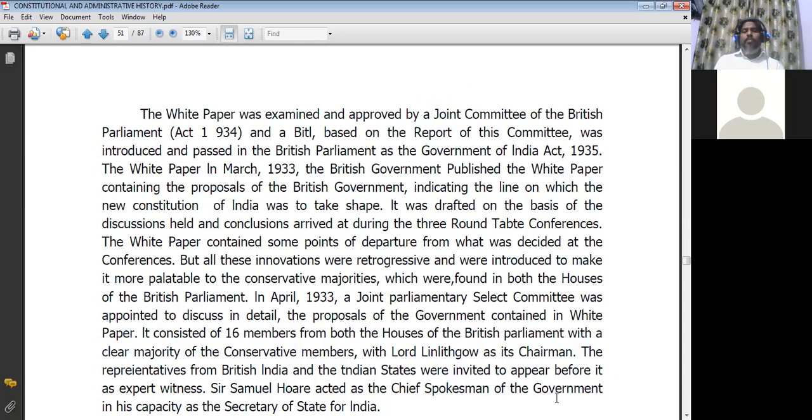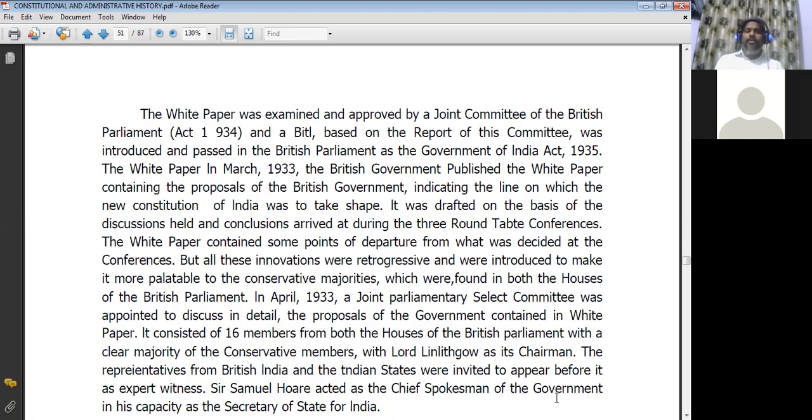The white paper contained some points of departure from what was decided at the conferences. But all these innovations were introduced to make it more palatable to the conservative majorities, which were found in both houses of the British Parliament.